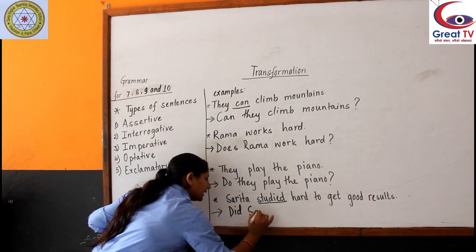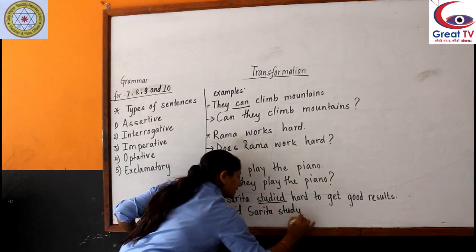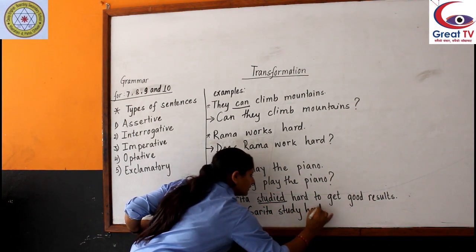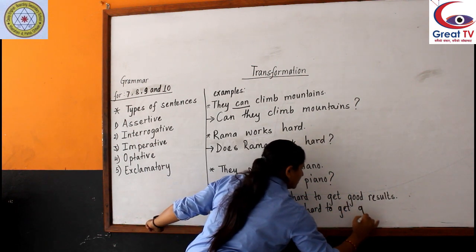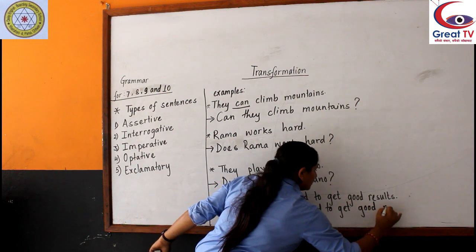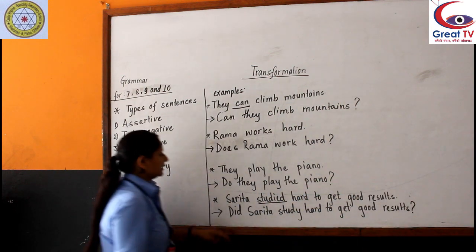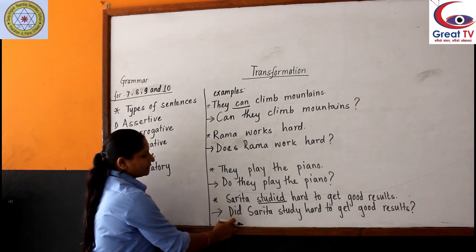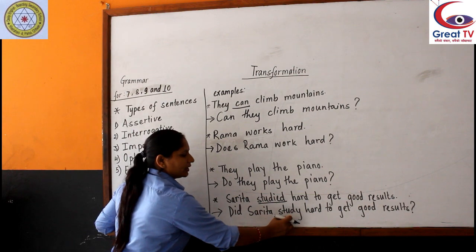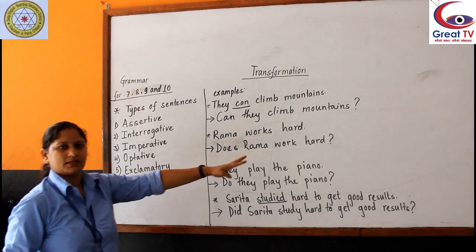Did Sarita study hard to get good results? Question mark. Auxiliary, subject, verb 1, and then the remaining part, object.